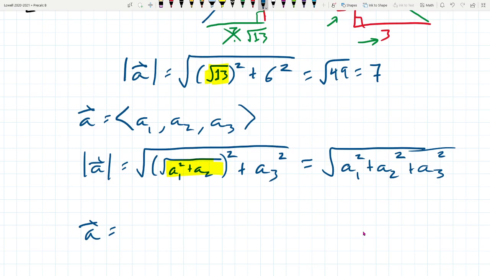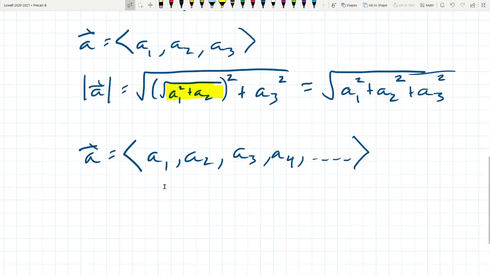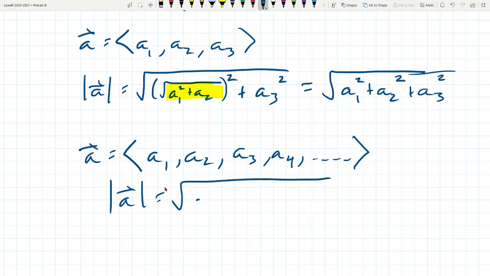Again, the meaning geometrically kind of gets lost because I have no idea what a four-dimensional vector would even look like because I can't see things in 4 dimensions. But if we were to calculate its magnitude, it would simply be the square root of each of the components squared, and there you have it.